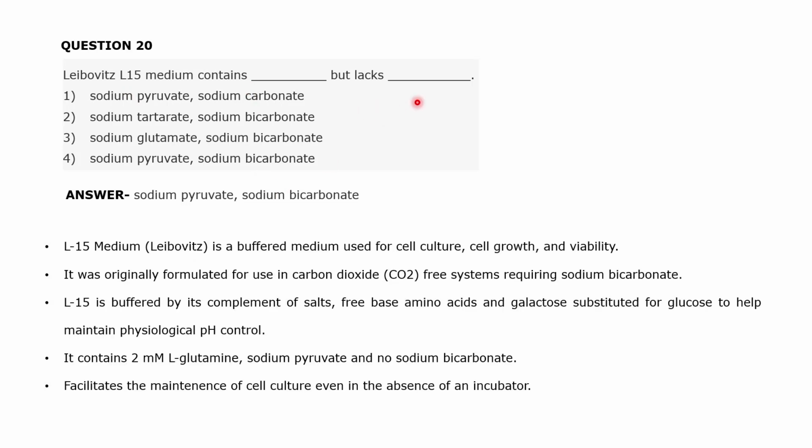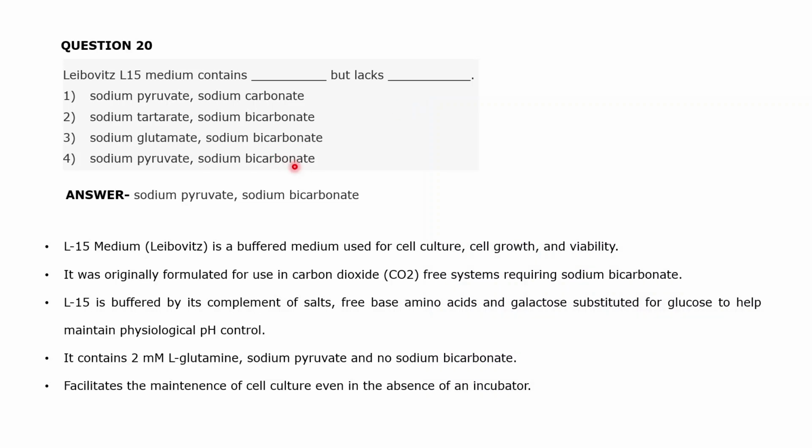If you look into sodium bicarbonate buffering, it's not actually a good buffering system because the pH fluctuates at a much higher range than it could maintain. It does regulate the pH, but the fluctuations are much higher when you are using this bicarbonate buffering system. So this media lacks sodium bicarbonate.